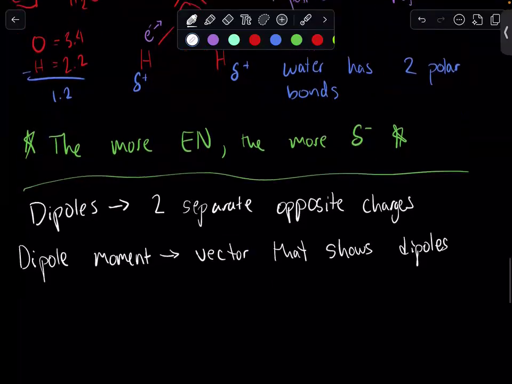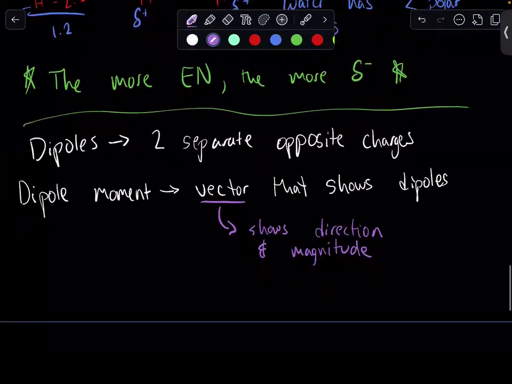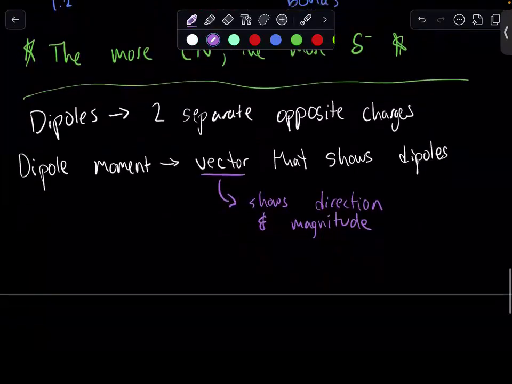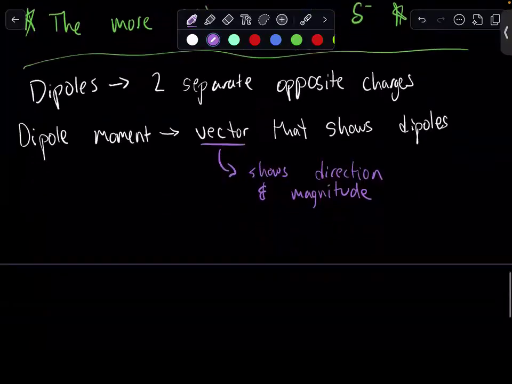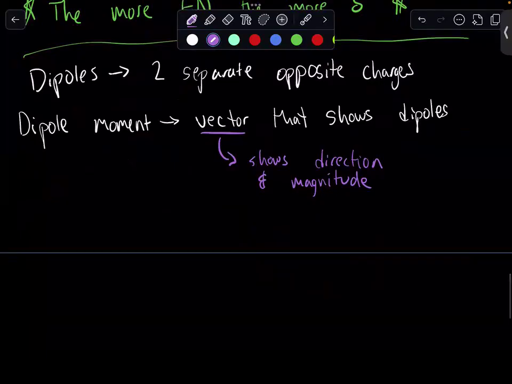Now, just going into a little more separating and defining words, a vector shows direction and magnitude. If you ever watch Minions, you'll know that because Vector says he has direction and magnitude. So the direction is the direction of the dipole, and the magnitude is the length or the strength of the dipole. A dipole moment is represented with this arrow.